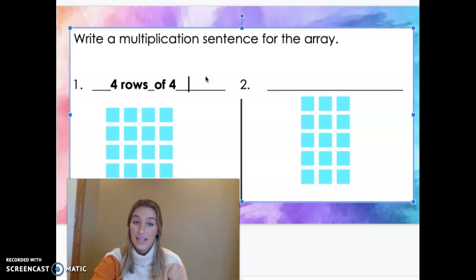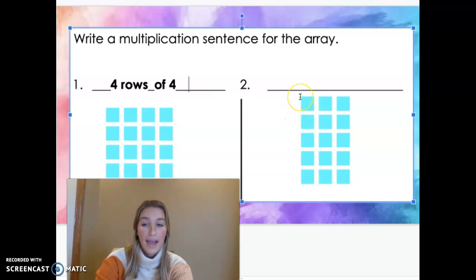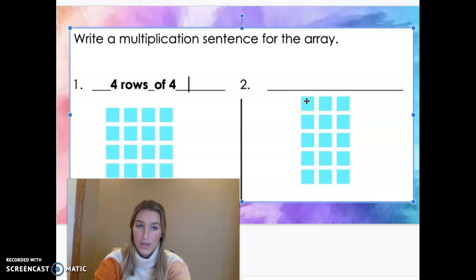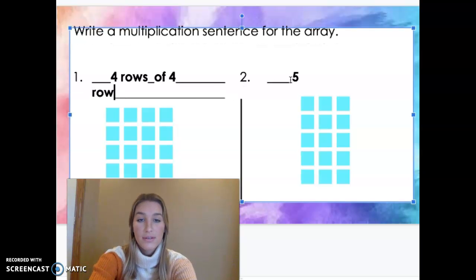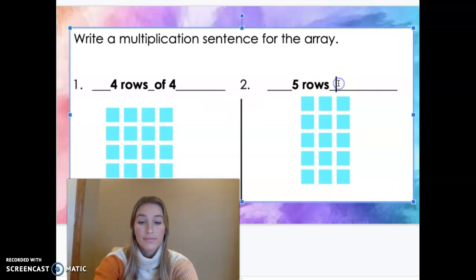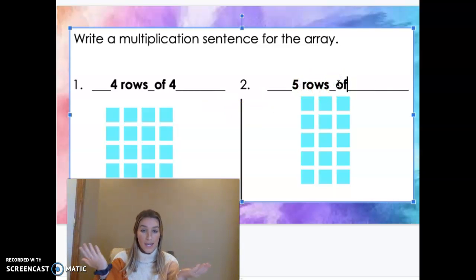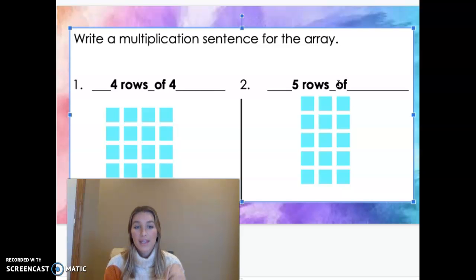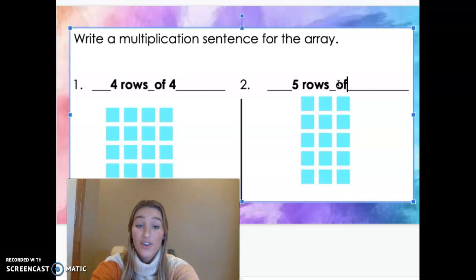Do you guys think that you could do the next one? How would you write it out? 1, 2, 3, 4, 5. So we know 5 rows of, what's the next one? How do we know? I know you guys got this one.